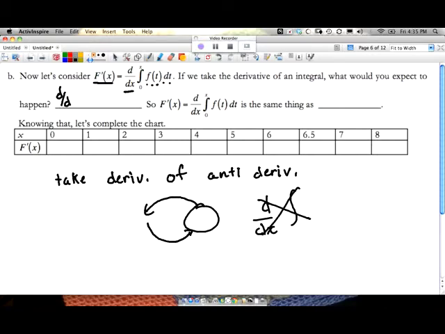So what happens if those two pieces disappear? Then this would be the same thing as f of t, or really, in our case, f of x, or f of whatever. That's kind of what we're expecting to happen.